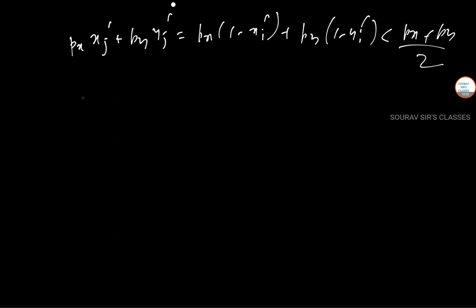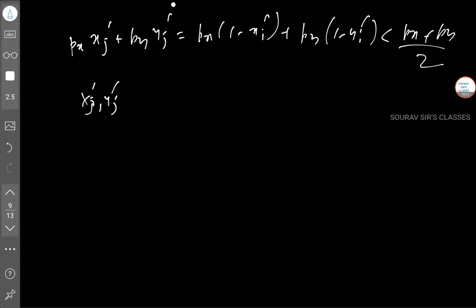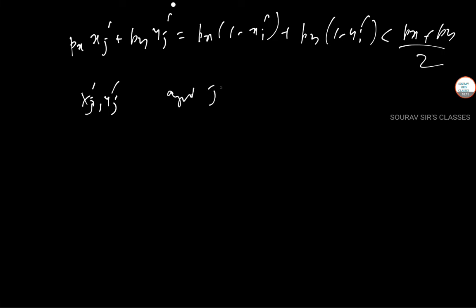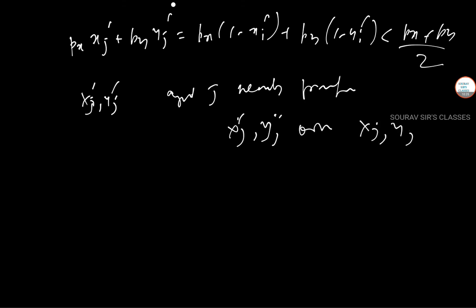In other words, the bundle (xj', yj') is in the interior of the budget set of agent j, and agent j weakly prefers (xj', yj') over (xj, yj).